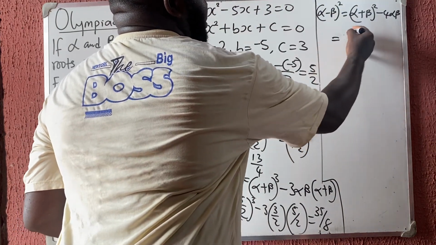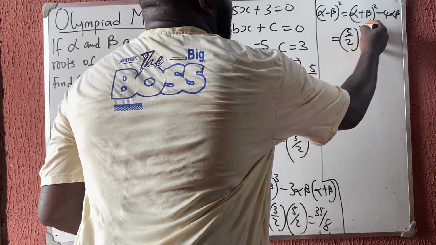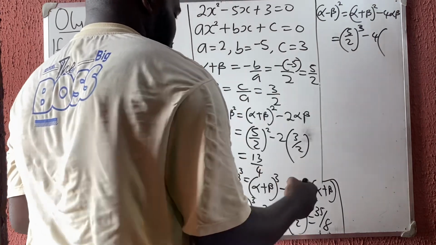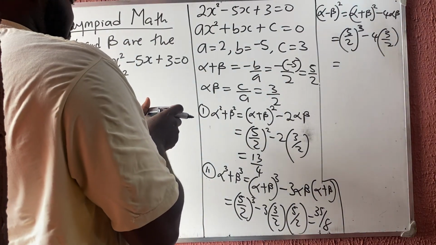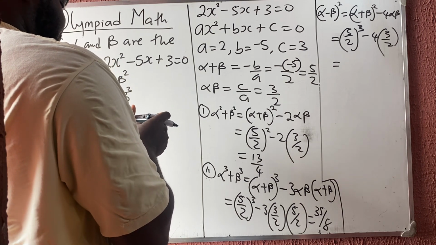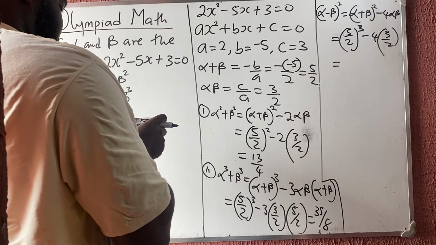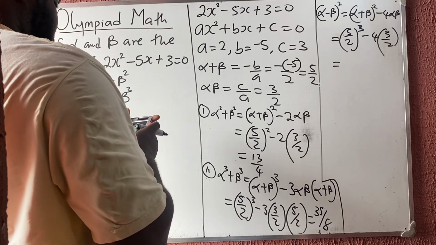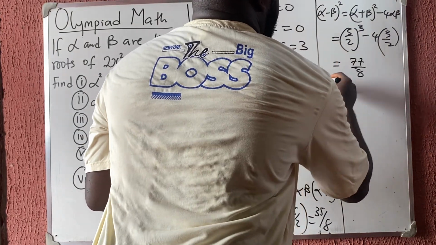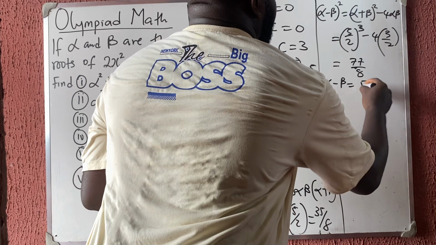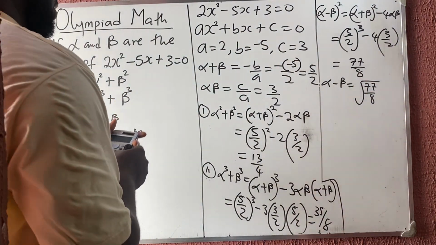I know that this will be equal to 5 over 2 all squared, minus 4 into 3 over 2. All right, so I'm having 77 over 8. Therefore my alpha minus beta will be the square root of 77 over 8. So do that and then you get your last answer.